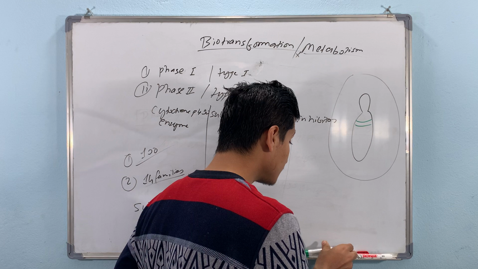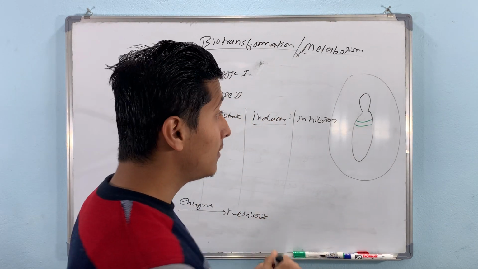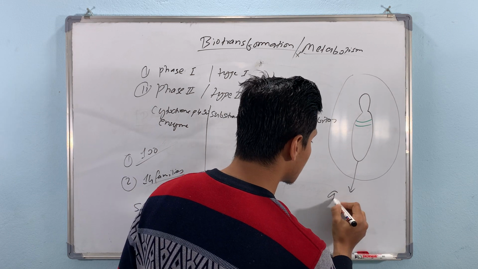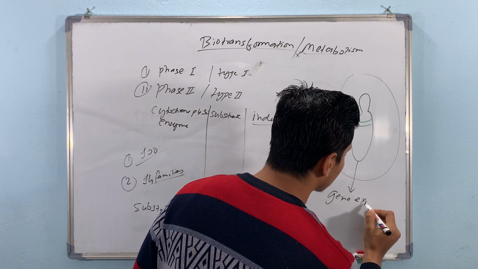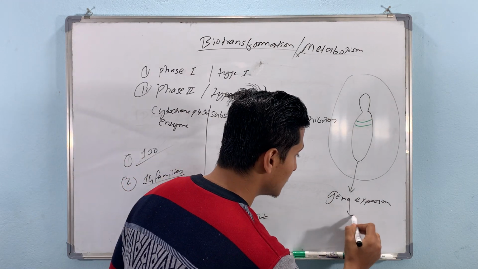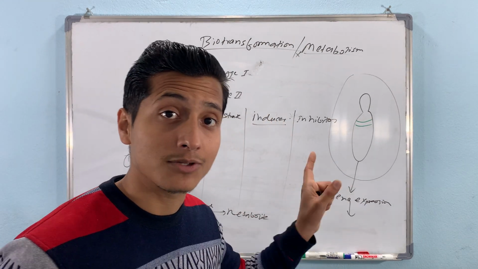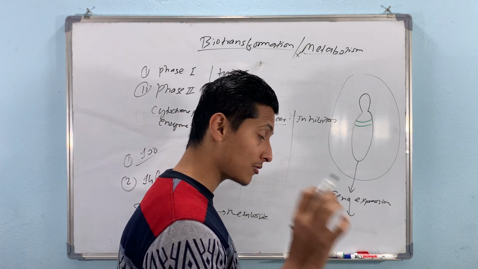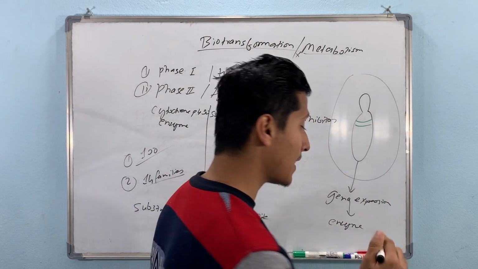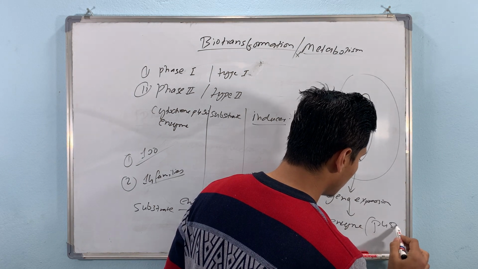Now, suppose this gene is getting expressed. When this gene gets expressed, it produces an enzyme or a protein, and that enzyme happens to be a P450 enzyme.